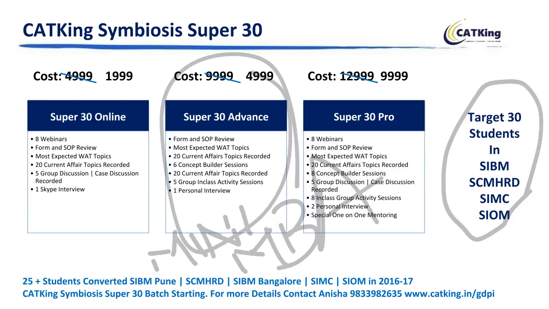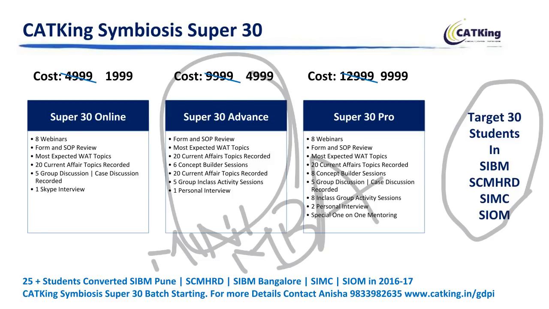We'll also cover the most expected and most repeated personal interview questions, like tell me something about yourself, why Symbiosis, and what makes you choose SCMHRD over SIBM Pune. We will also have a live personal interview with one of the Symbiosis special mentors in your Super 30 Advanced course in class.